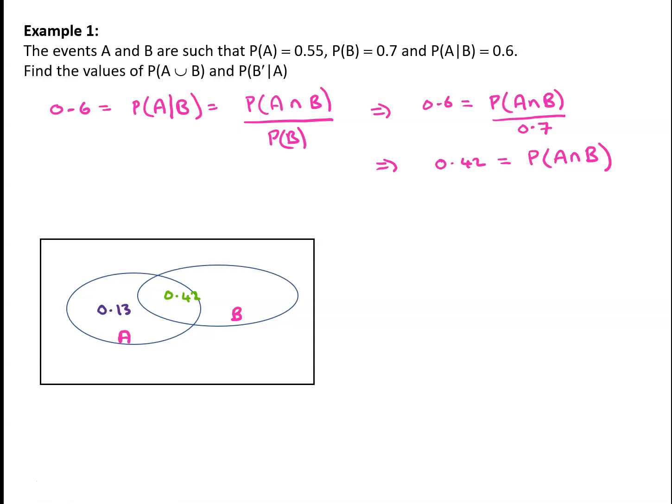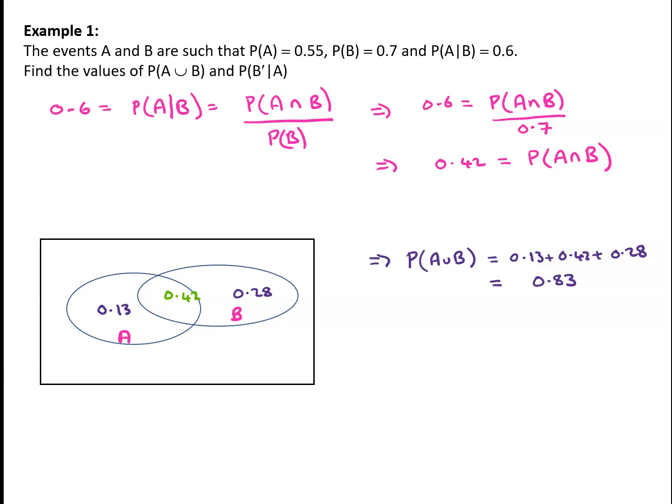We've already got 0.42 of that in the intersection between A and B, so we must have 0.28 going in the area representing B but not A. From that we can see that the probability of A union B is 0.13 plus 0.42 plus 0.28, which gives me 0.83.